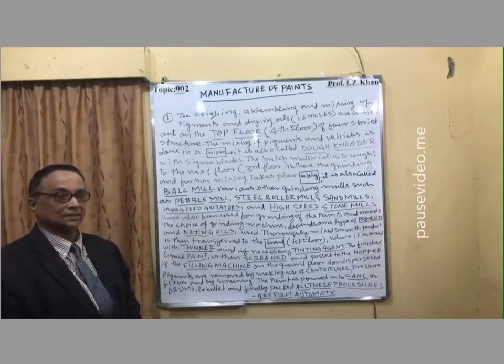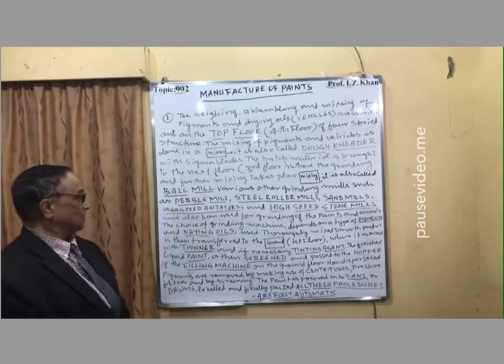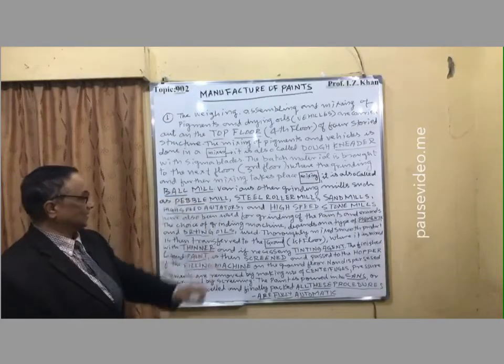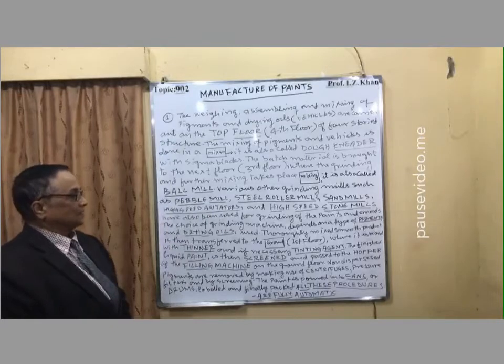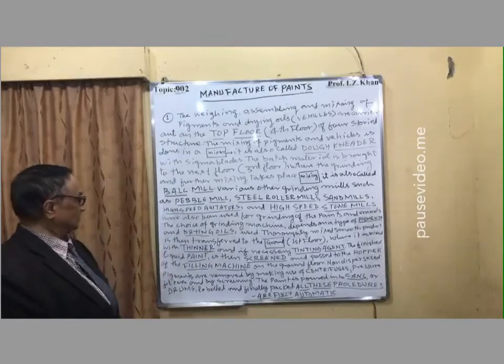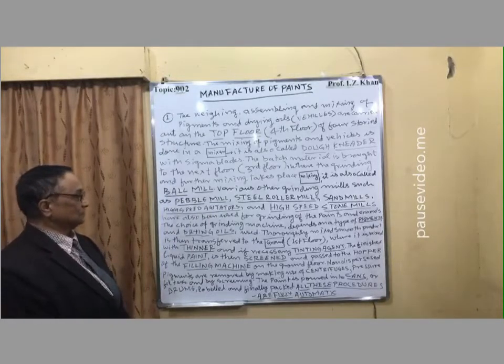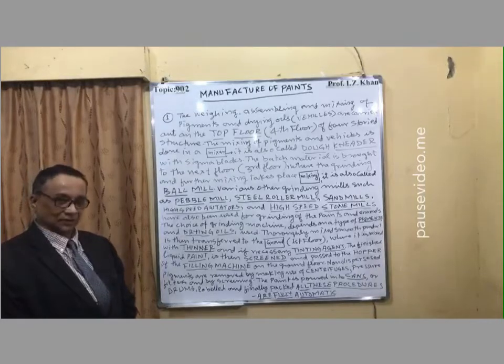I mean, all these things should be clear. On the basis of that, you are going to select the grinder. The thoroughly mixed smooth product is then transferred to the ground, that is your first floor.